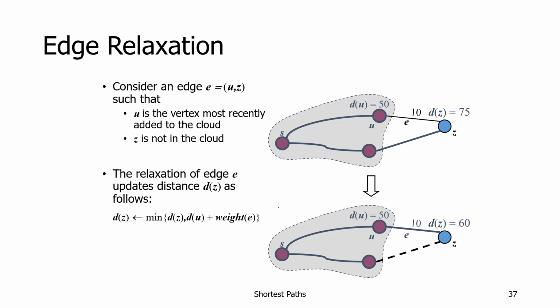So here is one example. Let's say we have these edges or these vertices already there. So this is some intermediate step in Dijkstra's algorithm.